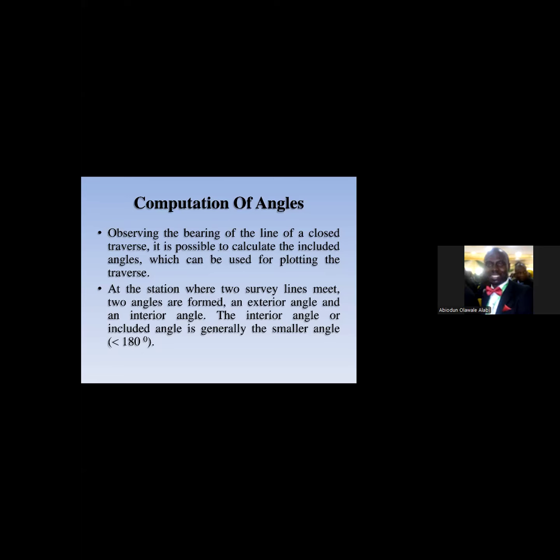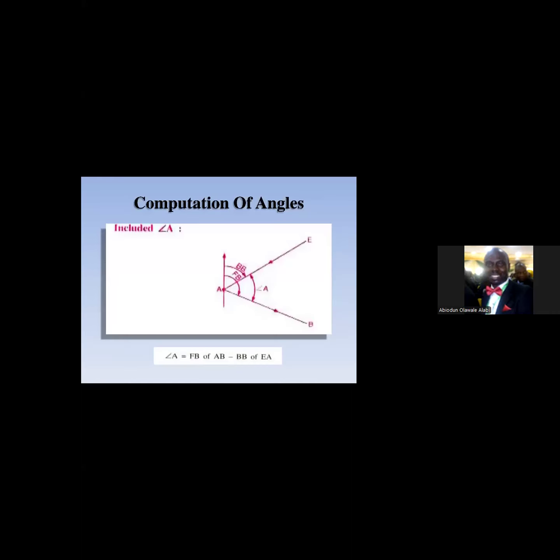The computation of angle is quite simple. So if I give you bearings AB, BC, CD, DE, and it's a closed traverse, you should be able to compute the included angles or observed angles from those given bearings. So I won't spoon feed you on that. You should be able to do that.